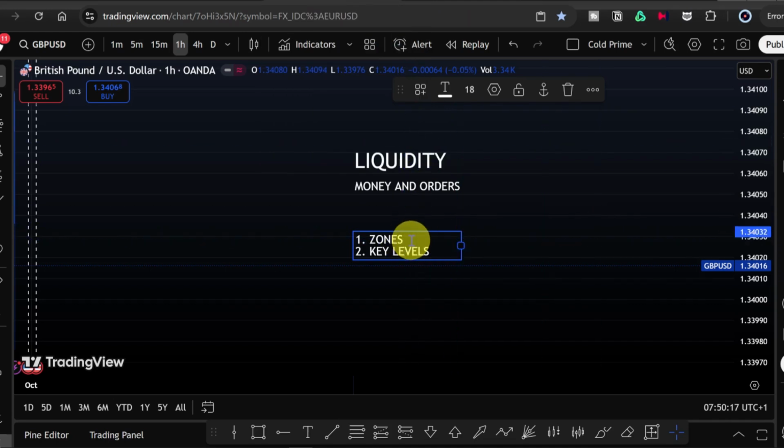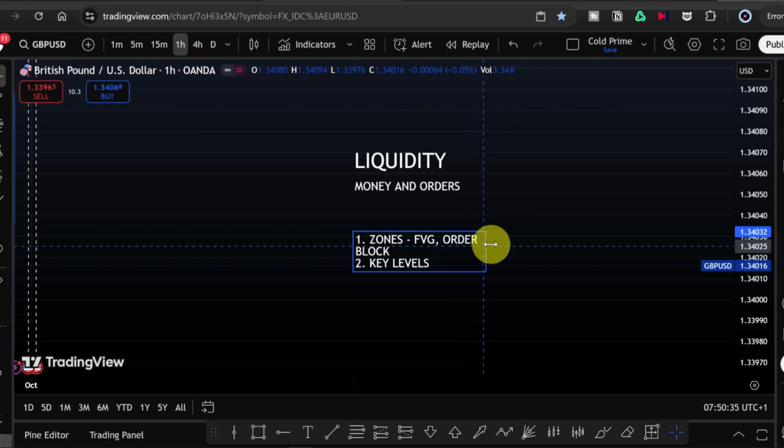Now, what other zone aside from supply do we have? Now, if you check on YouTube, you will see that we have things like fair value gaps. We have things like order block.